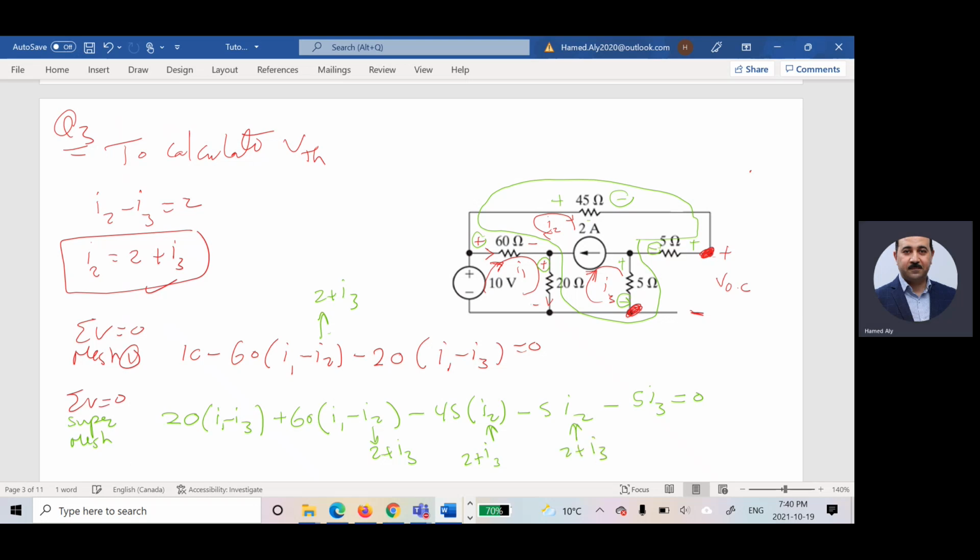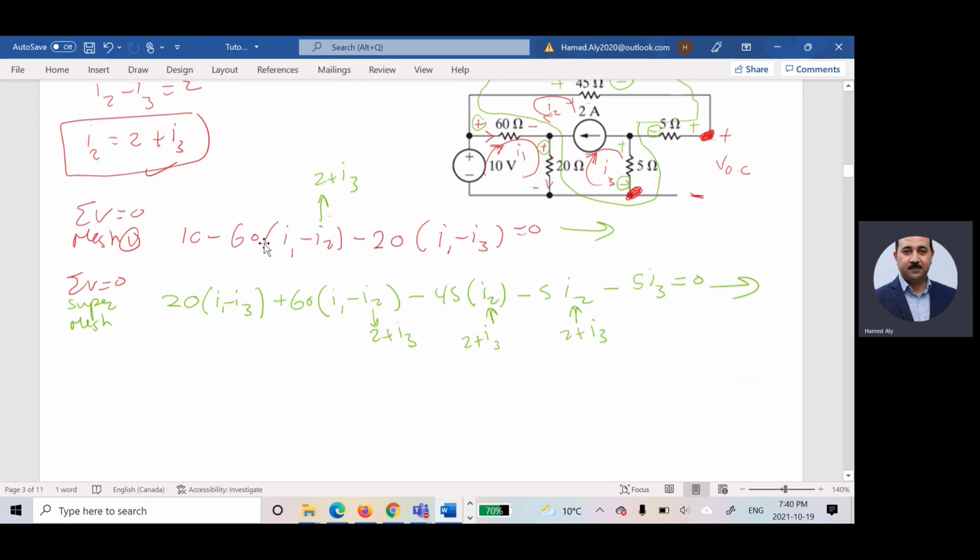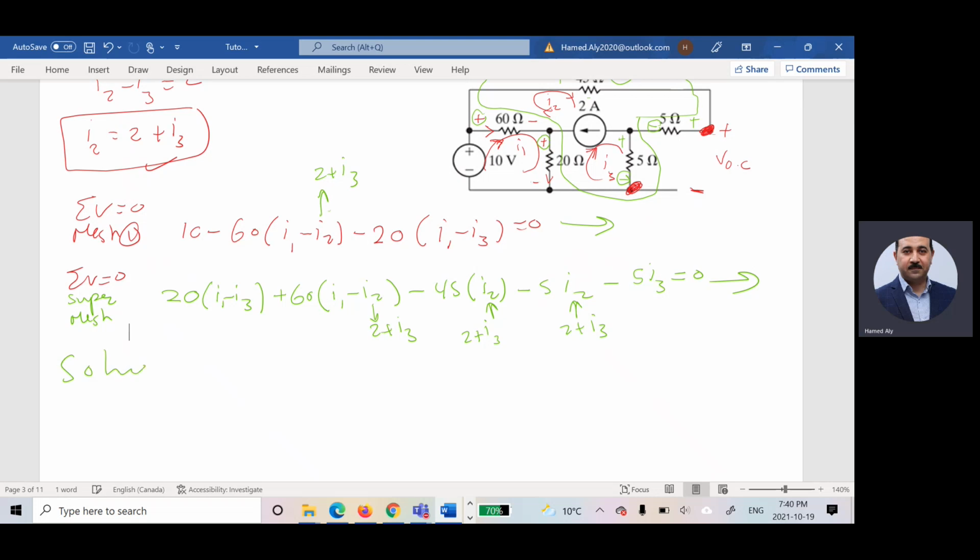Then you have two equations in two unknowns, this one and this one. Solve them and find what? Solve to calculate I1, I2, and I3.